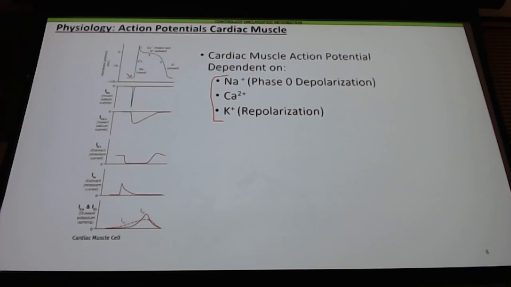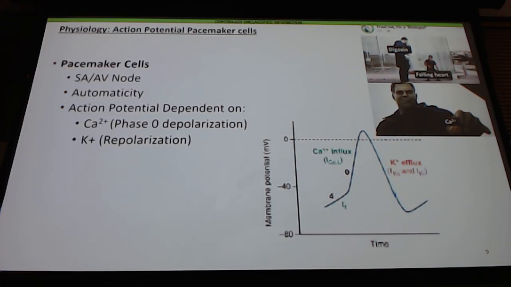When you compare that to the pacemaker cells or the conduction pathways, you really only need two: calcium and potassium. Sodium doesn't play a significant role in the depolarization and repolarization of the pacemaker cells. So this makes it unique compared to cardiac muscle.